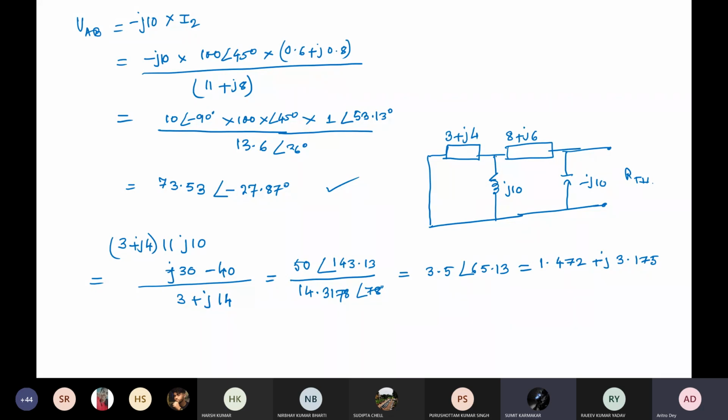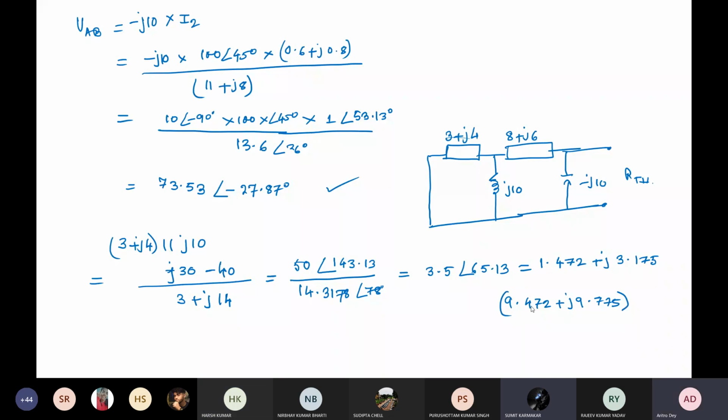So once you add the equivalent part of this, it will come out to be 9.472 plus j into 9.775. Okay, so this again is to be, yes, hello. Yes, sir. What do we have to add after it?